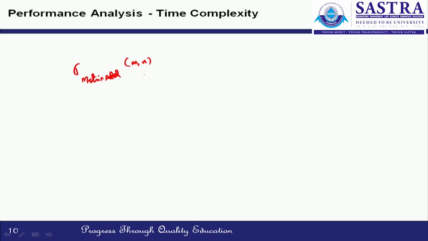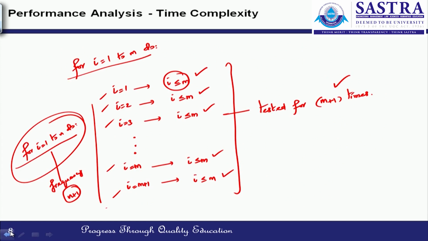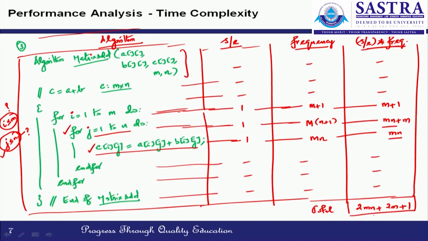T is the time complexity notation, matrix add is the algorithm name, and m and n are the problem instances. T matrix add m comma n is equal to 2mn plus 2m plus 1.